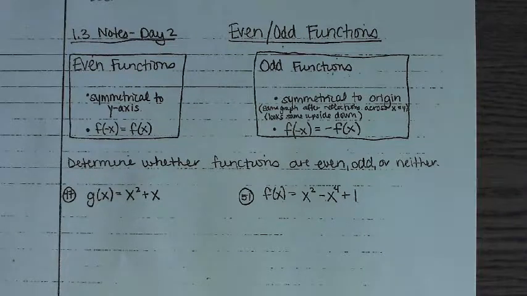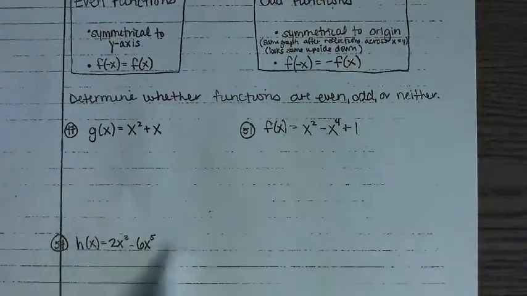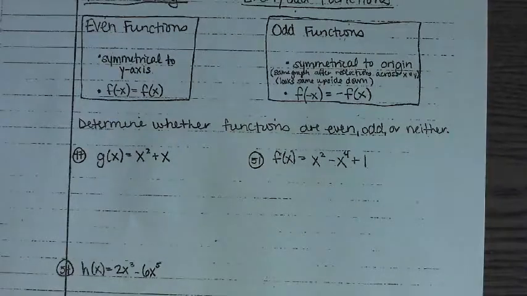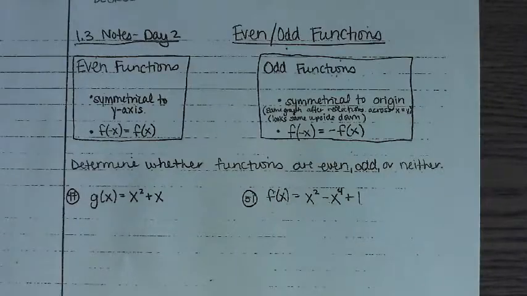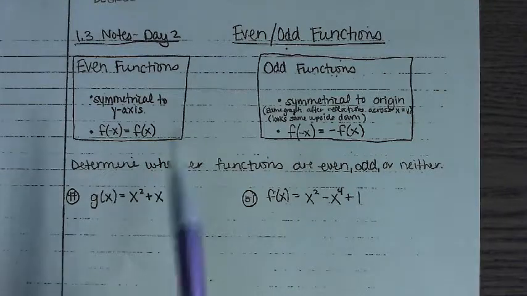This applies to all functions, not just polynomials, although I'm looking at my examples here at the bottom and I'm mad at myself because I did do all polynomial examples, but I'll make up one that's not a polynomial before we leave here.